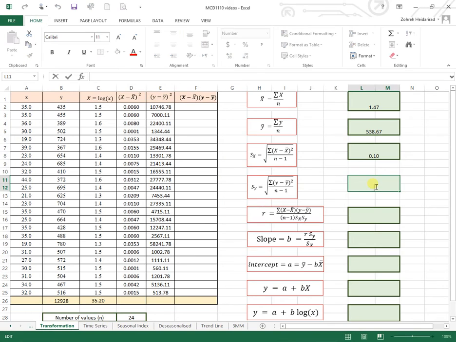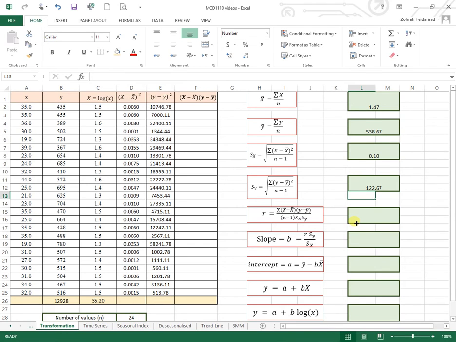So standard deviation of y equals to square root sqrt of the summation of these cells, sum of these cells, divided by number of values minus 1. Now I have the standard deviation of y as well.